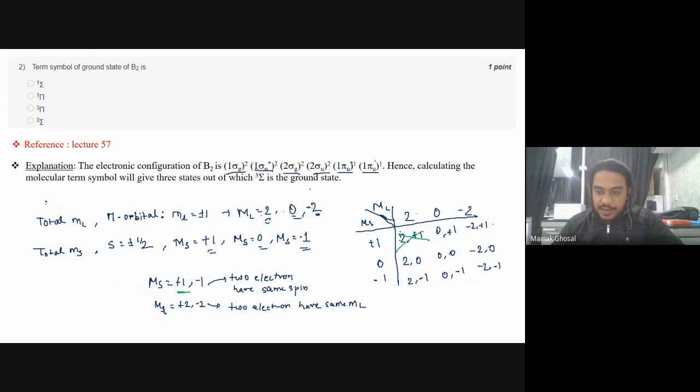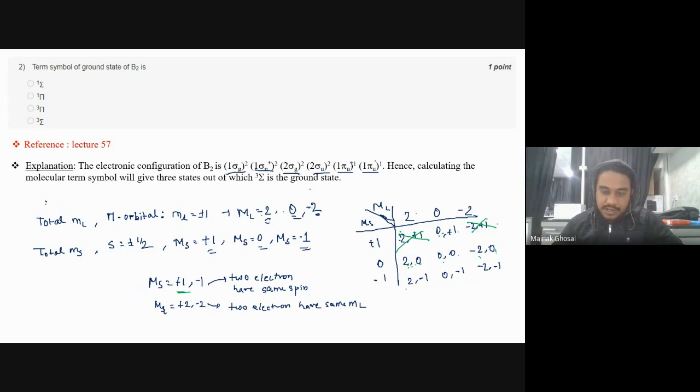Just like minus 2 plus 1: same spin, same ml, not considered. 0 plus 1: same spin but different ml, it can be considered. Plus 2, 0: same ml but different ms, it can be considered. Now 0, 0: different ml, different ms, it will be considered. Minus 2, 0: same ml, different ms, it can be considered.